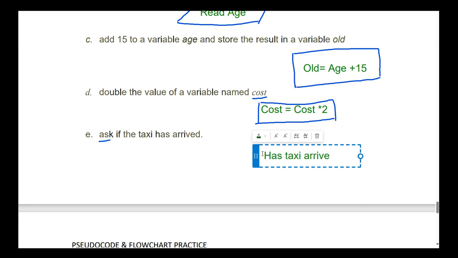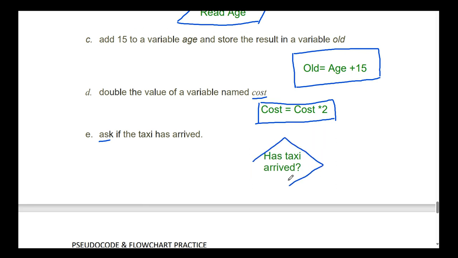That's what we're asking, right? Has the taxi arrived? And we put that in a diamond, right? Because the answer can either be a yes or a no. That's a decision.